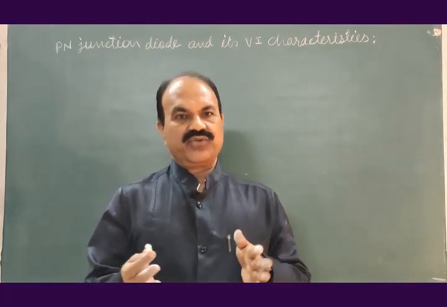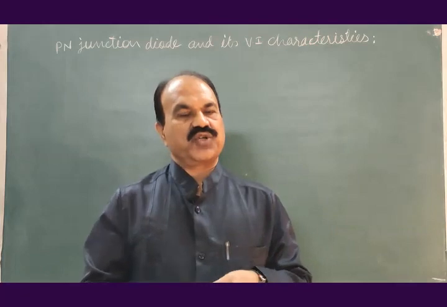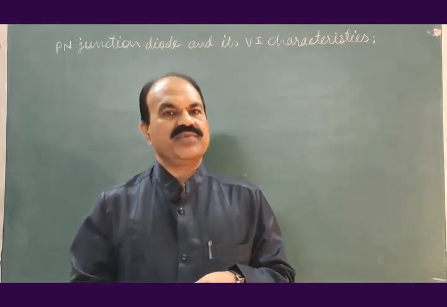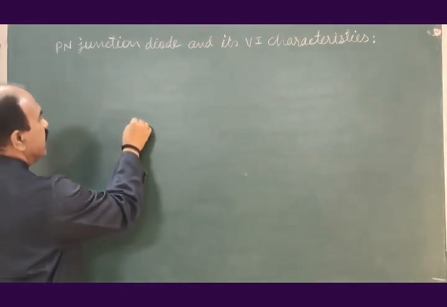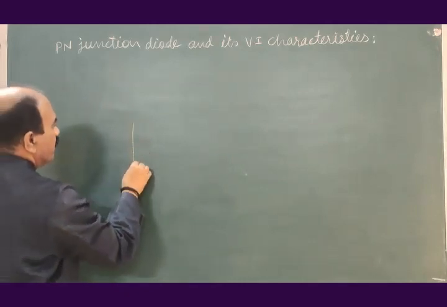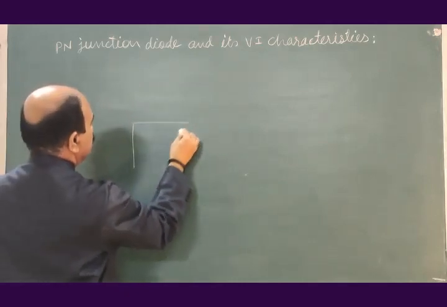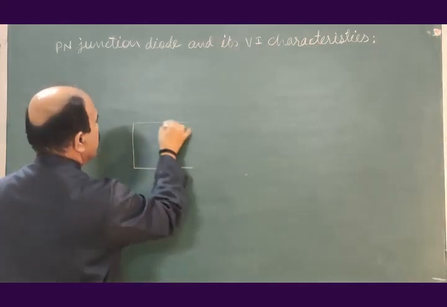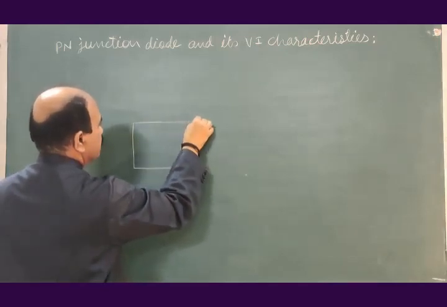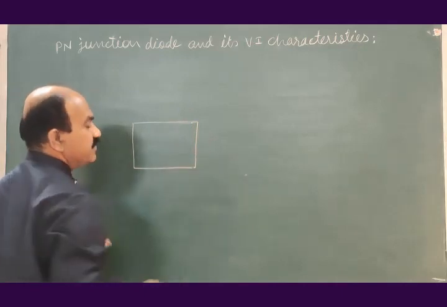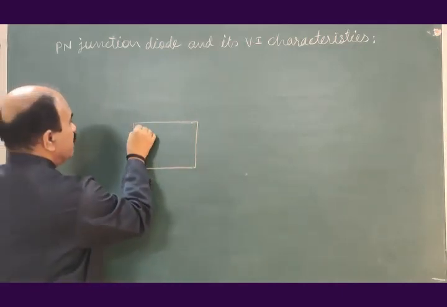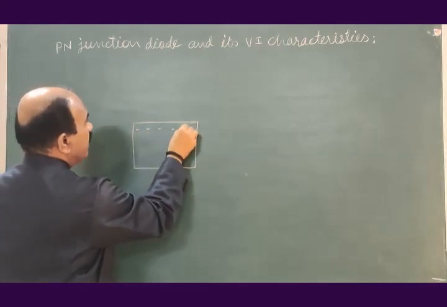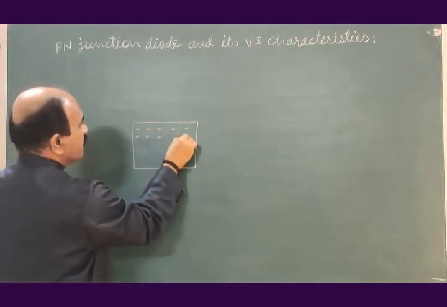We have idea about construction of n type and p type of semiconductors. Let us suppose that here I have a chip of n type of semiconductor which has free electrons.